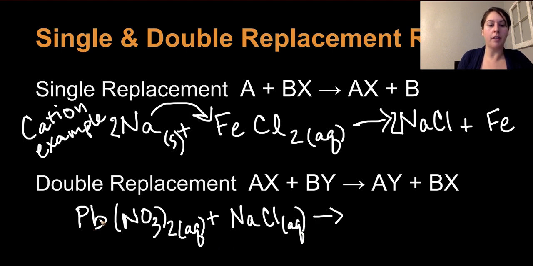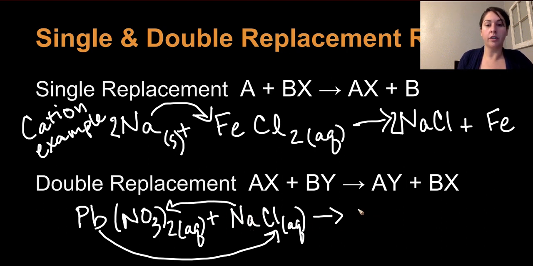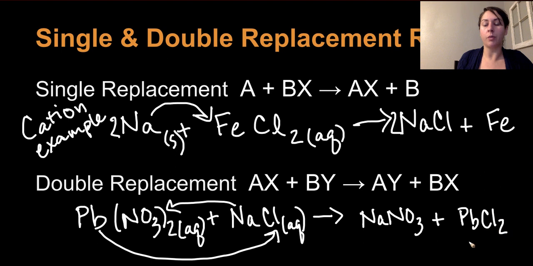So now what's going to happen is we're going to end up with lead forming with the chlorine, and then sodium forming with the nitrate. Now the cation is always going to go first. So we're going to end up with NaNO3, which is actually still going to be aqueous, and we'll learn that a little bit later on. And then the PbCl2, okay? And so to balance this one, I'm going to have a 2 here and a 2 here. And again, this one here will be a solid, and actually this one will be aqueous. And you'll learn a little bit more about that later.